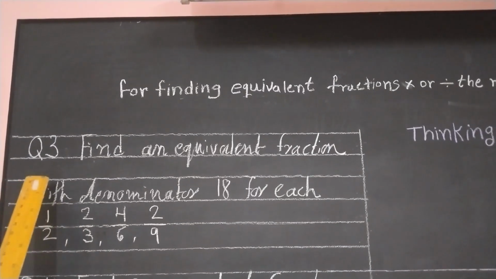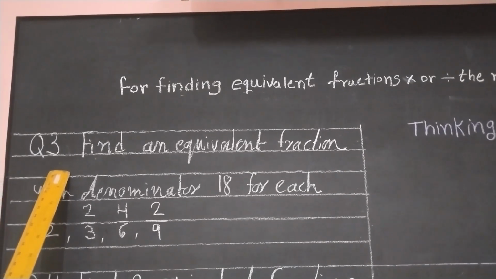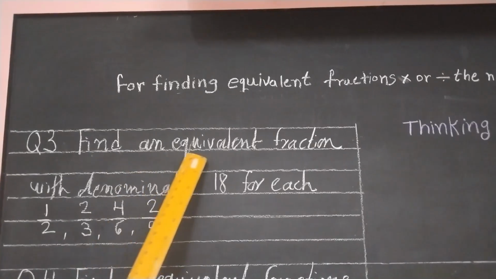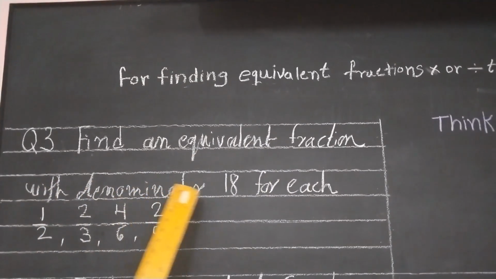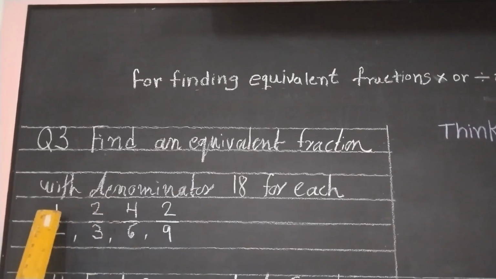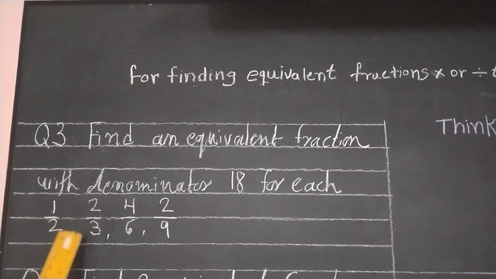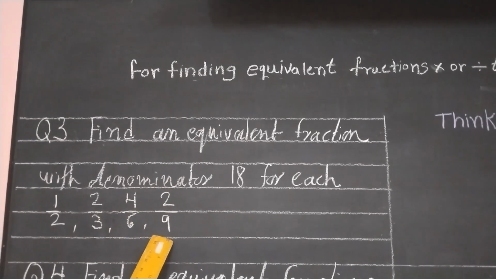Let us take question number 3 under equivalent fractions. Find an equivalent fraction with denominator 18 for each: 1 upon 2, 2 upon 3, 4 upon 6, 2 upon 9.